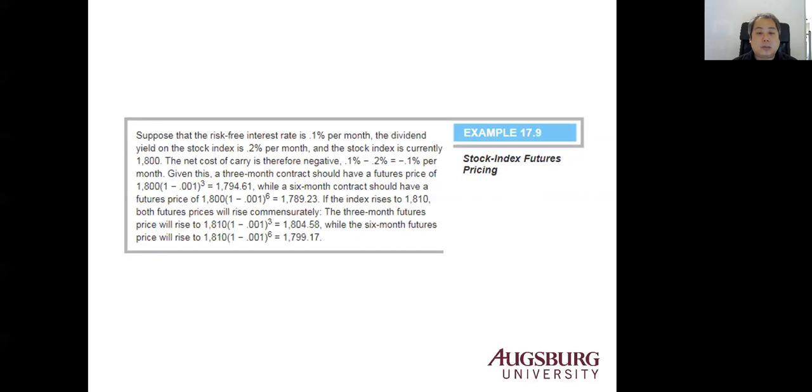If the index rises to 1,810, then the 3-month futures also rises to 1,810 times 1 minus 0.001 to the third, which is 1,804.50. For 6 months, just change T. So futures price may be valued by the spot-futures parity theorem.